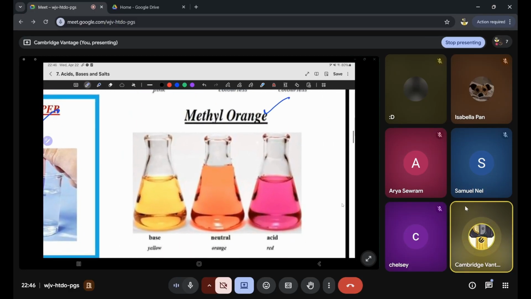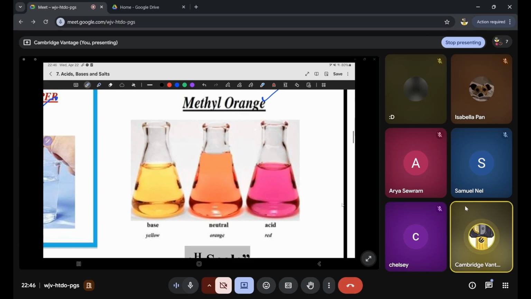Pure methyl orange also seems like it has a very distinct change where it's going from yellow to orange to red. But when you're doing it practically, you won't really have so much of the solution present. You'll use very small amounts. And when it's small amounts, the distinction from orange to yellow and orange to red is very difficult to see.